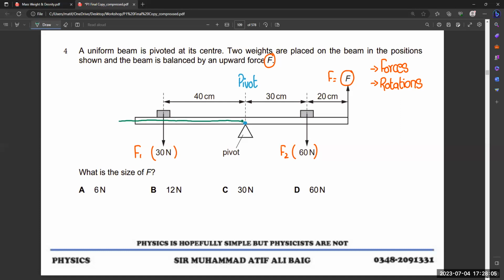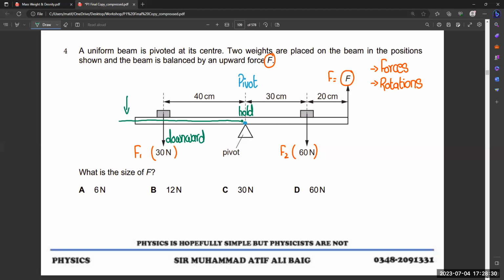If it was difficult for you to identify the direction, the simple task is to place a pencil or pen, anything, and hold it here, because this is our pivot point. You hold the pencil from this point and try to apply force in this direction, because F1 is acting in the downward direction.